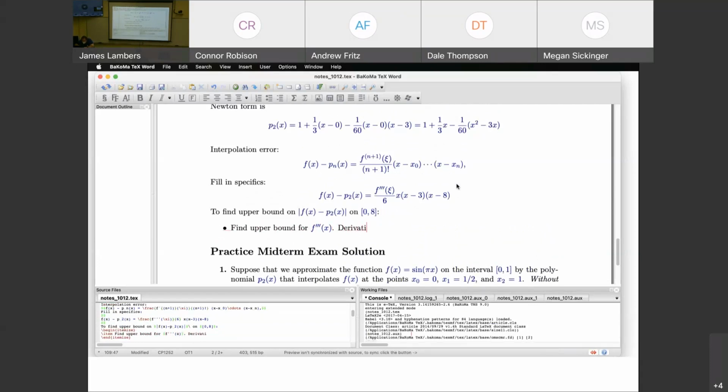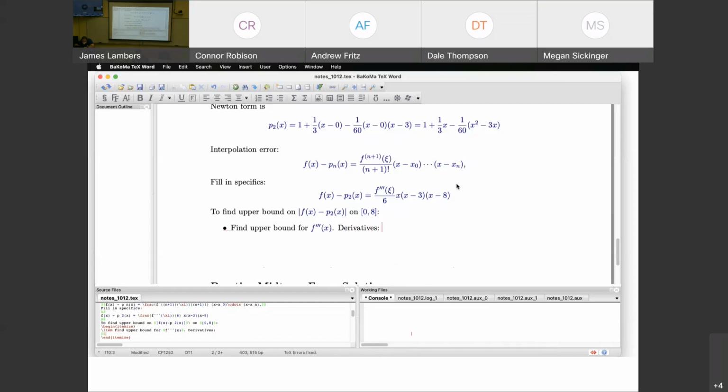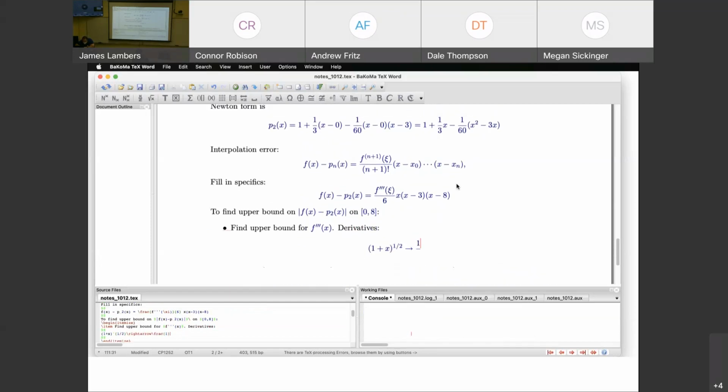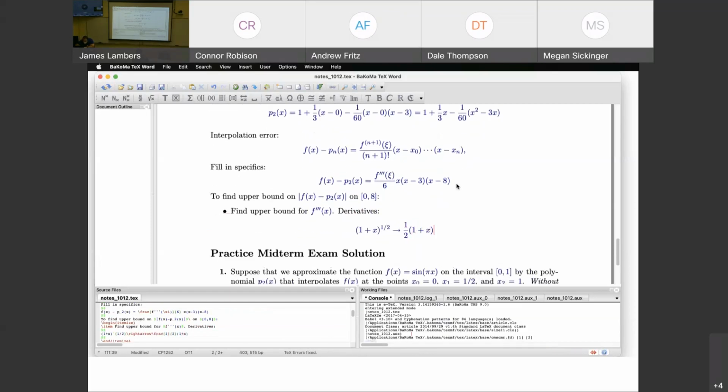We need the derivatives of your function. So we start out with 1 plus x raised to the 1/2 is the original function. Now it's going to keep taking derivatives. So I have 1/2, 1 plus x raised to the minus 1/2. That's the first derivative.